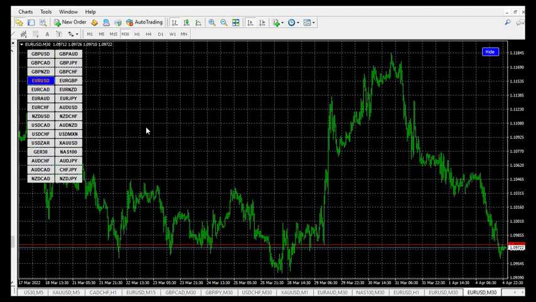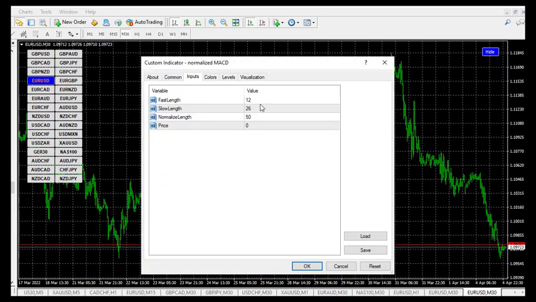The other indicator I'm going to add today is my normalized MACD, and this is the setting. I just adjusted it, this to 5. The slow length remains at 26.